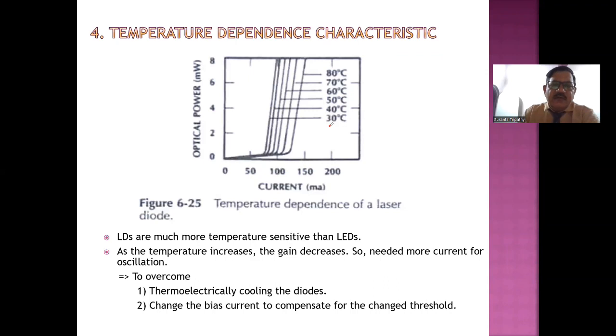For example, for 30 degrees centigrade the threshold current is somewhere here, and for 40 degrees centigrade it is somewhere more, and this increases as the temperature increases. This is not the case with the light emitting diode, whose characteristic is temperature independent, whereas for the laser diode it is temperature dependent. So this is in fact a demerit of the laser diode.